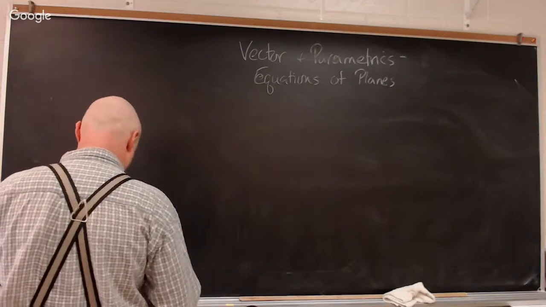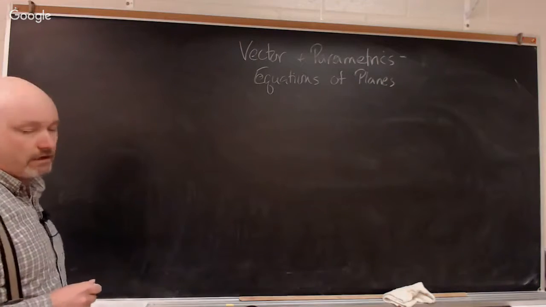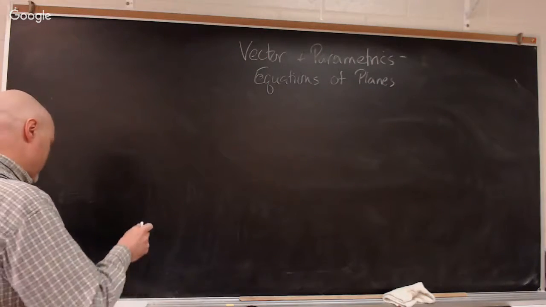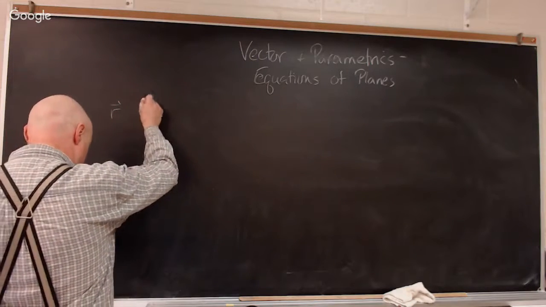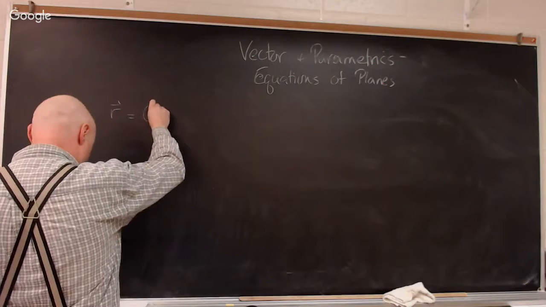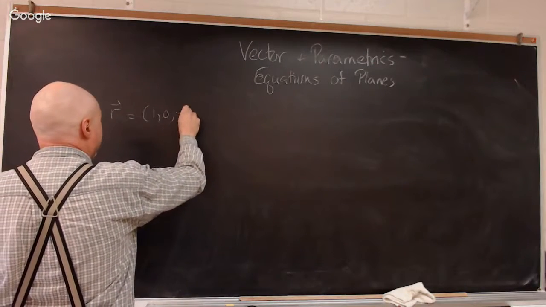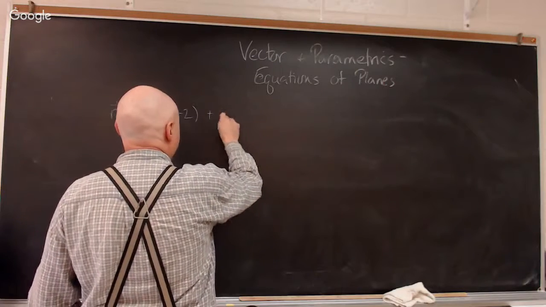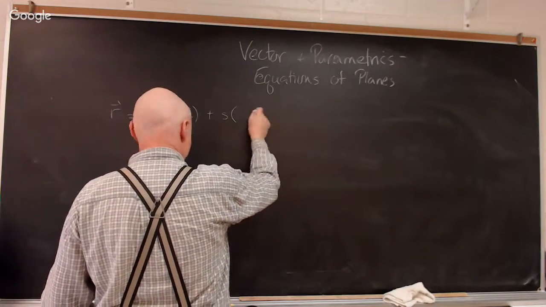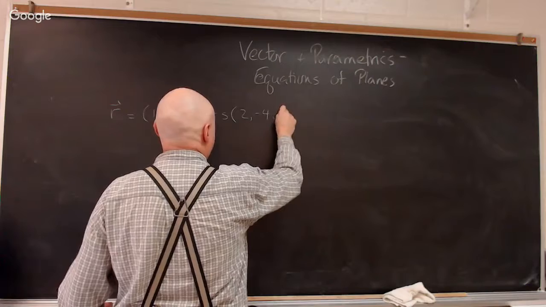Okay, so here's a tricky one. This one's right out of the CEMC questions. So we have 2 lines that are parallel, and the first one's defined by 1, 0, negative 2 as a position vector, plus s times 2, negative 4, 4.